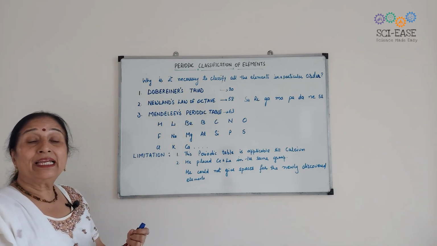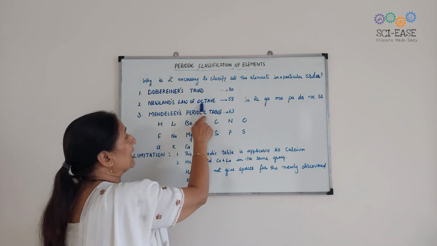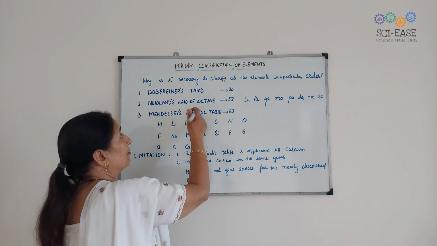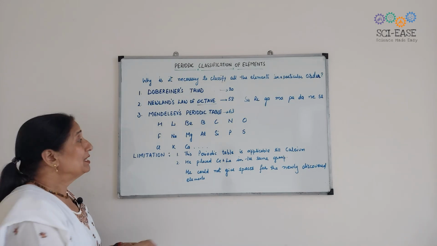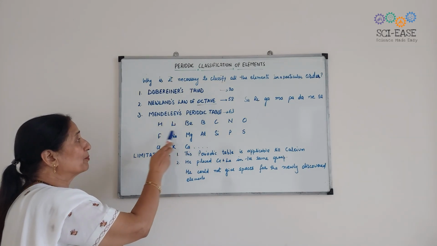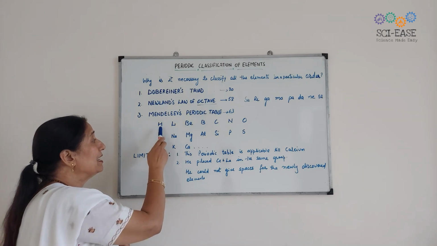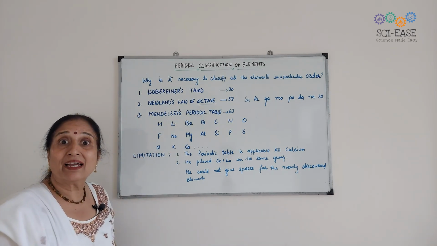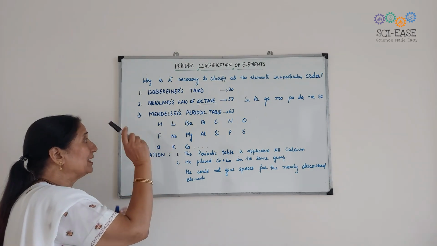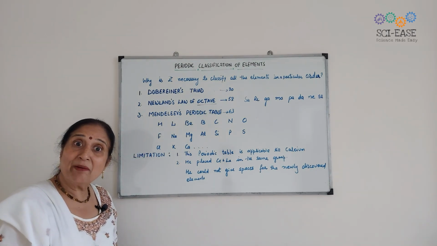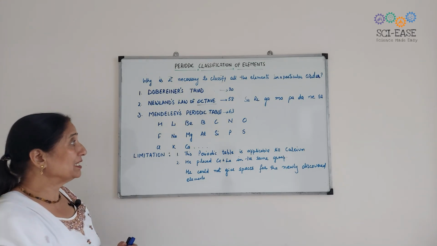And second thing he told, Newlands' law of octaves. What do you mean by octave? After every 8, the physical and the chemical properties of the element are repeated after every 8th element. So, hydrogen, fluorine, chlorine, they have the same physical and chemical properties.